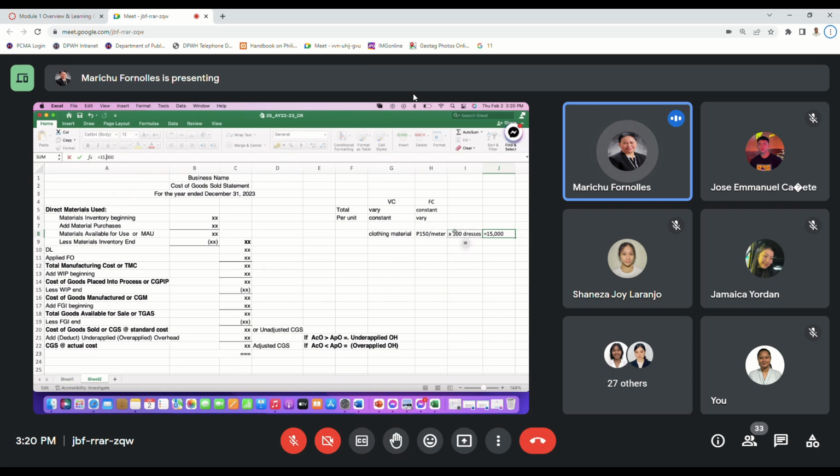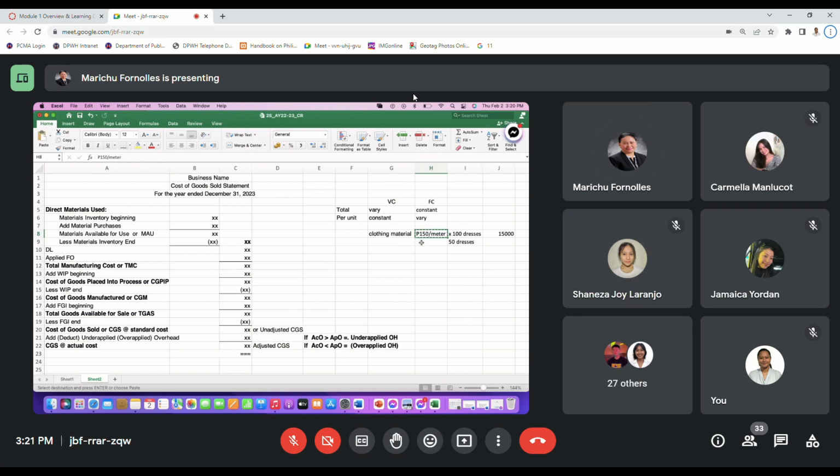If you produce only 50 dresses, so how much clothing material cost will you have? 7,500, Miss. Okay, if 50 dresses only, the total cost of the clothing materials that you need will be how much? 7,500? Yes, Miss. Yes.